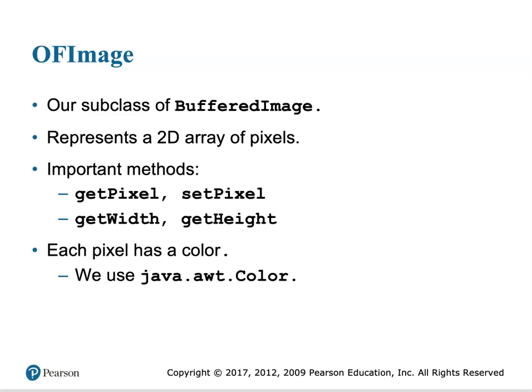We can also get the width of the image and the height of the image, which would be useful for resizing. Because the pixels are modeled by java.awt.Color, that means that you can use any of the color constructors to make a new pixel color to then push into setPixel.